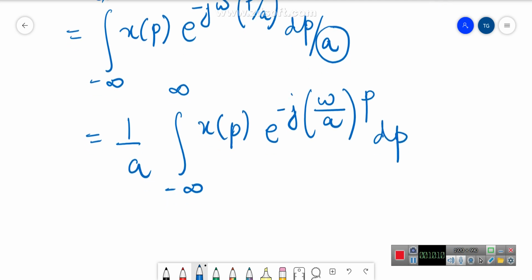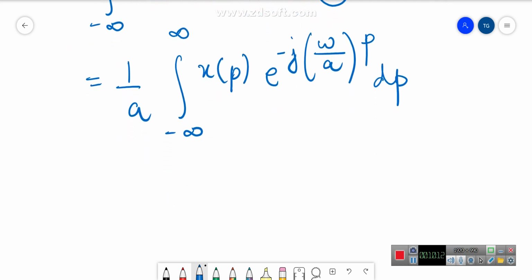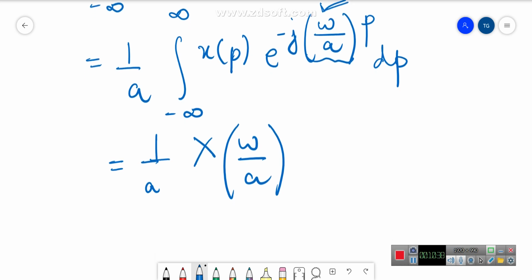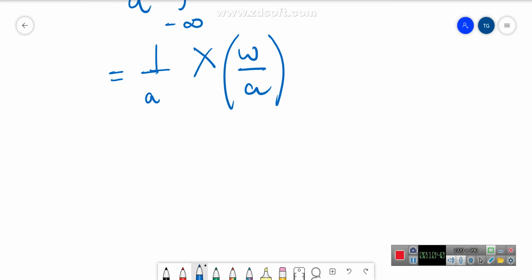So we know from the definition of Fourier transform that with this Fourier transform operator, whatever the condition of my frequency term is, my Fourier transform version in frequency domain will be as it is, whatever we are getting in this frequency term. Okay, so this is how we got our Fourier transform of x of at.